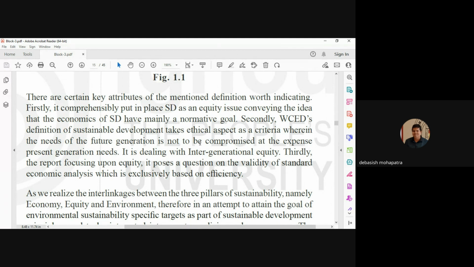Secondly, the WCED's definition of sustainable development takes ethical aspects as a critical criterion: the needs of the future generation are not to be compromised at the expense of present generation needs. It is dealing with intergenerational equity. Thirdly, the report focuses upon equity. It poses a question on the validity of standard economic analysis, which is exclusively based on efficiency.